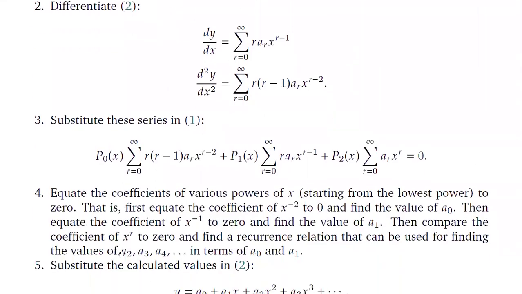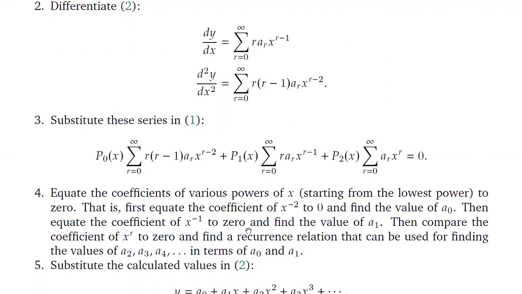So what we do is, we start equating the coefficients of various powers of x to zero, starting with the least power of x. If you look at this expression over here, the least power term of x will be, when you put r equal to 0 in this, x power 0 minus 2. So the least power of x will be x power minus 2.